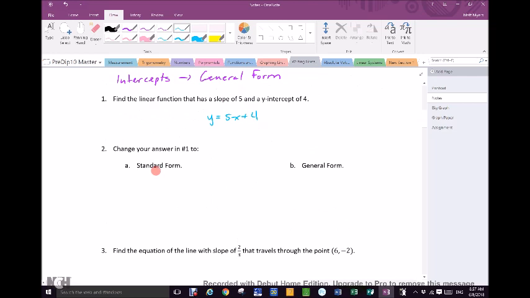How do I make standard form? I have to move the 5x or the 4 and the y. 5x, I'm not touching because it's positive, minus y equals negative 4. And general form? Same thing, except everything is on the same side. Good?